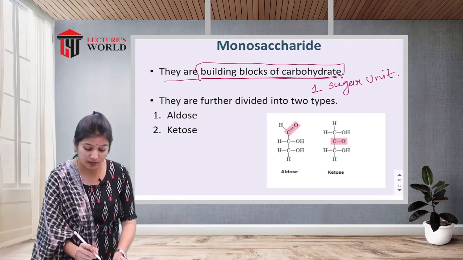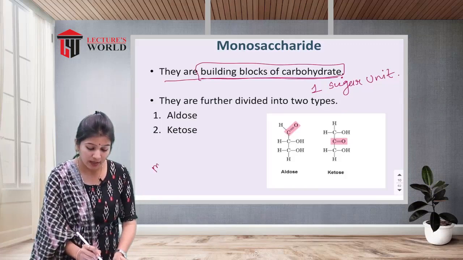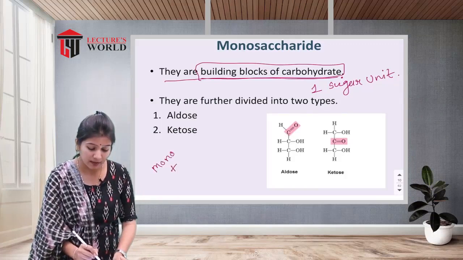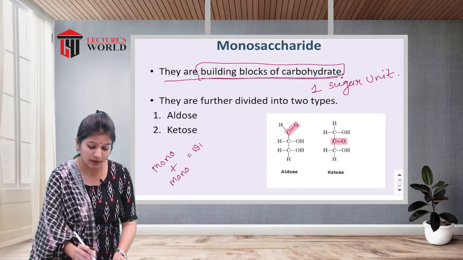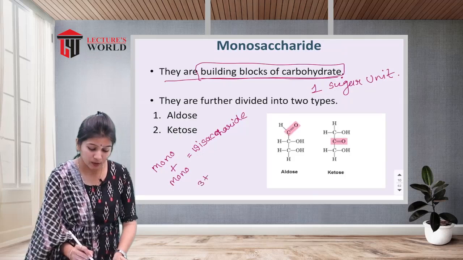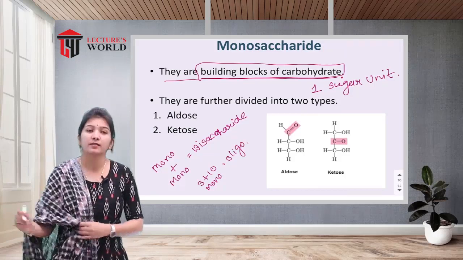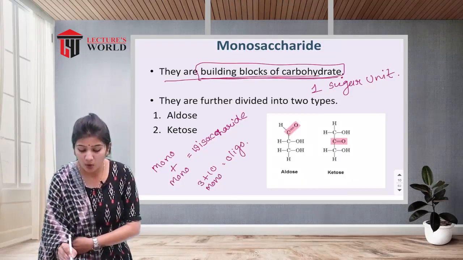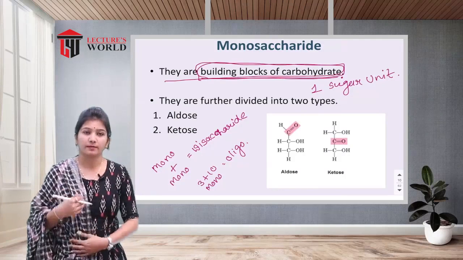As we discussed, one monosaccharide plus one monosaccharide, two monosaccharides, is known as a disaccharide. If there are 3 to 10 monosaccharides, it is known as oligosaccharide.